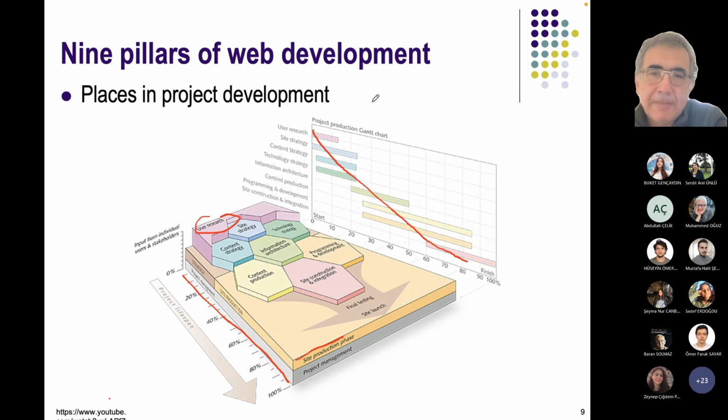So basically, at the beginning, user research and strategy development takes a lot of effort. You have to spend some time on it. Basically, don't start developing the web page immediately, because planning is more important in web design planning.